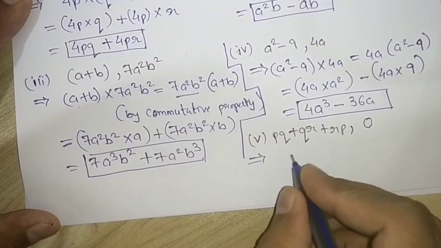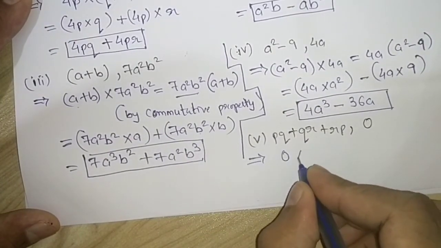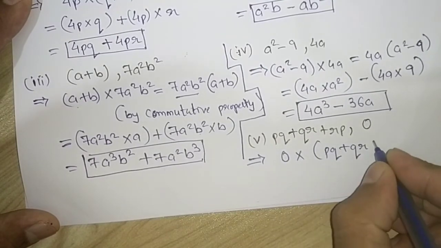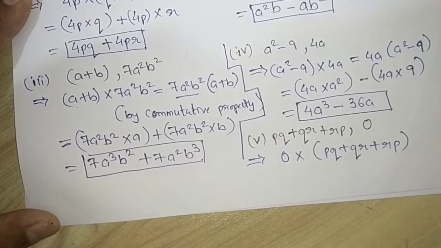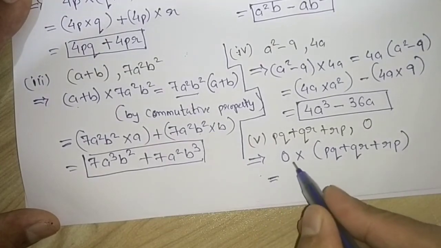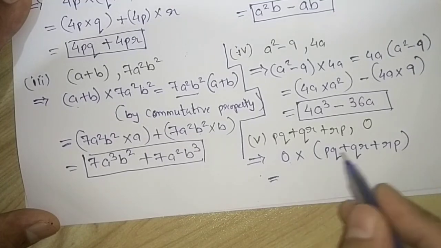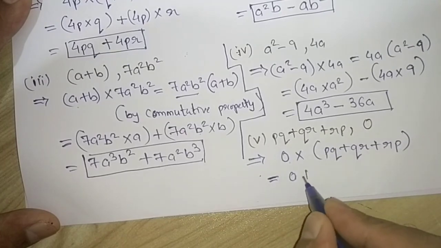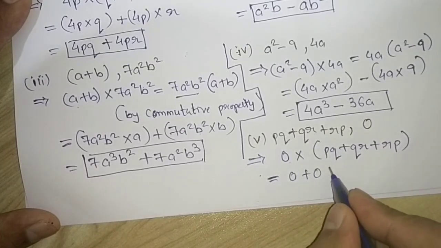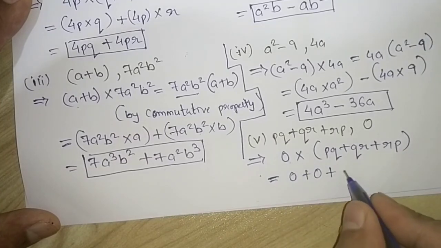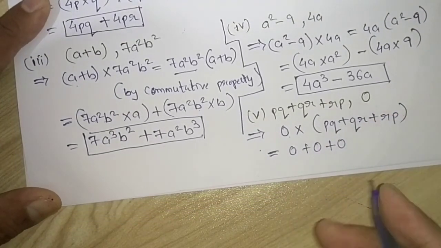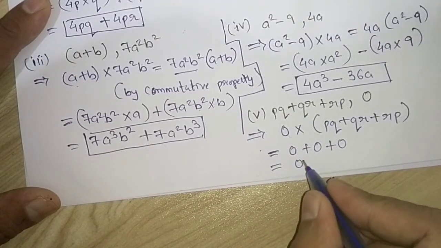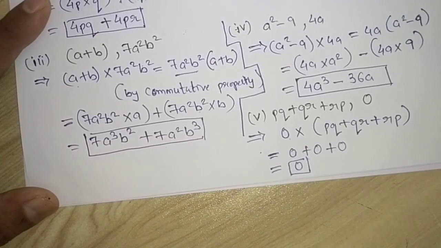So directly I can write 0 multiplied by the expression pq plus qr plus rp, and you know, if 0 is multiplied by anything, if 0 is multiplied by pq, you will get 0. If it is multiplied by qr, you will get 0. Also, if it is multiplied by rp, you will get 0. So eventually your answer will be 0.